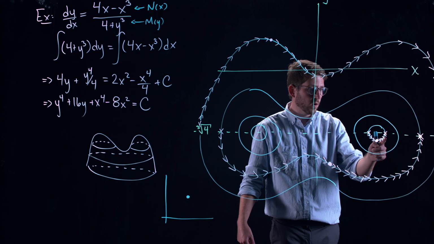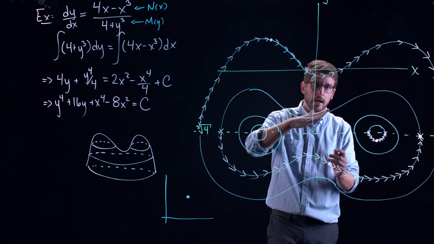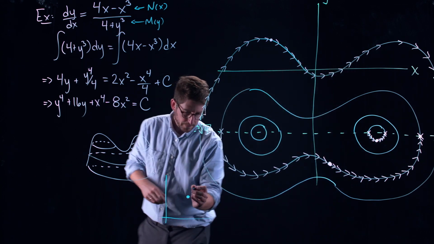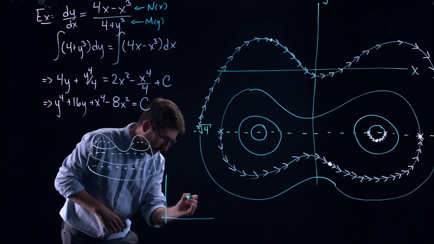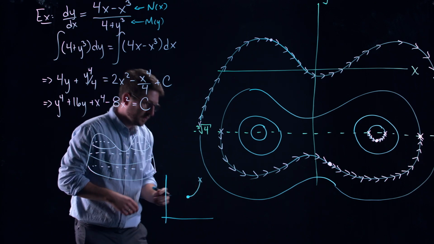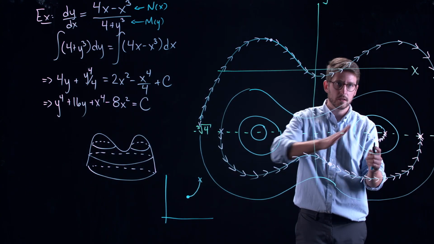Well, the value of y is increasing, right? I'm going up in values of y, and it's becoming steeper and steeper until the slope is infinite. So what's happening? Boom. And then I get my blow up.